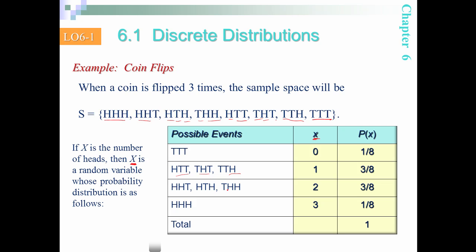So how many ways can that happen? Well, there's 3 of those, and there's 8 possible outcomes. So the probability of seeing 1 head is 3 over 8, and so forth. The probability of seeing 3 heads is 1 over 8. There's only one way that can happen. And so we have 1/8 plus 3/8 plus 3/8 plus 1/8. That's equal to 1.